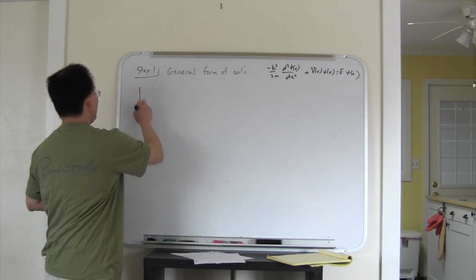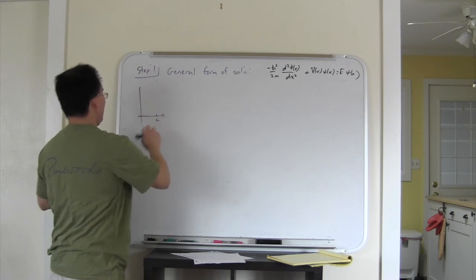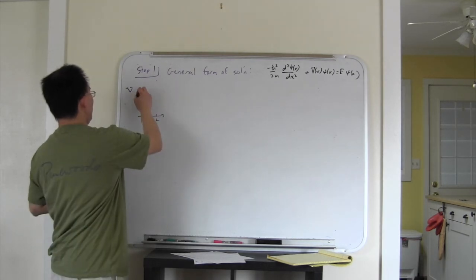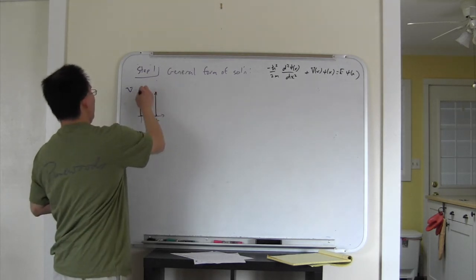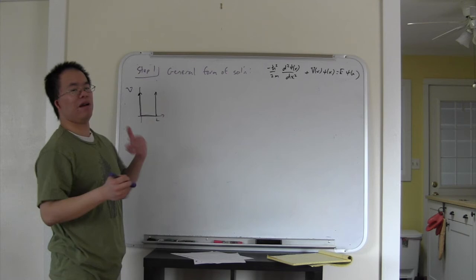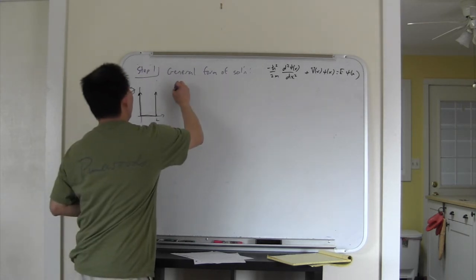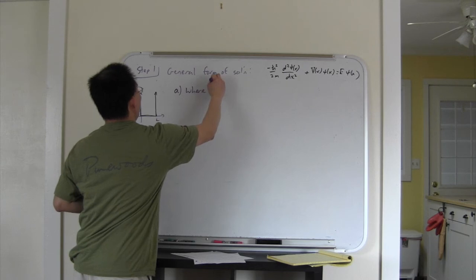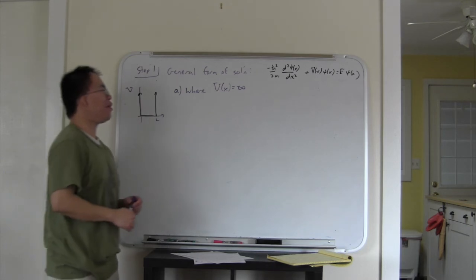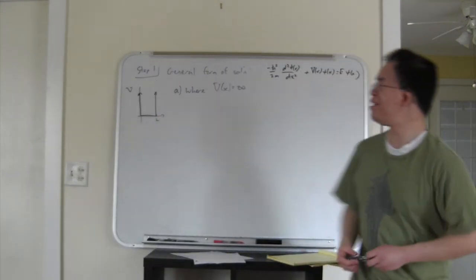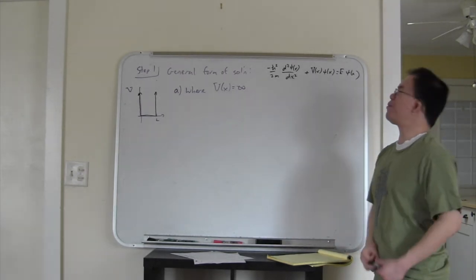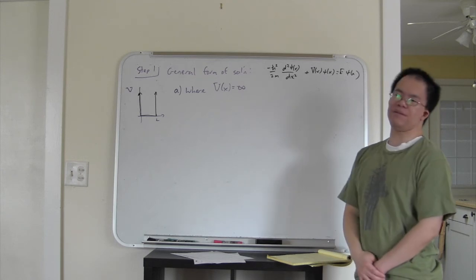Let me just sketch that up really quick. So L, V, just so that we remember, something like that. Okay, so we'll deal with the parts where the potential is infinite. Well, think about that. If I plug in infinity over here, that's going to give us something really weird.